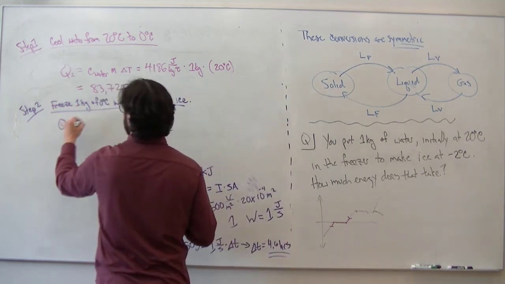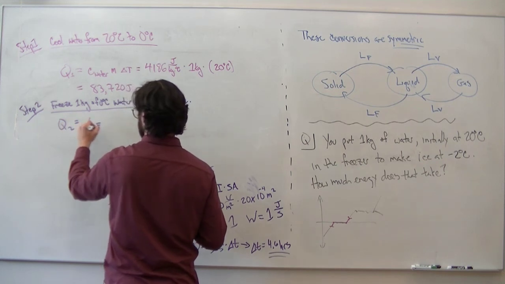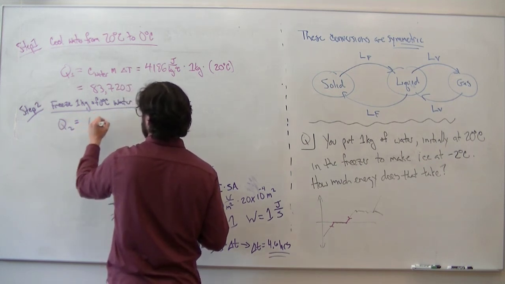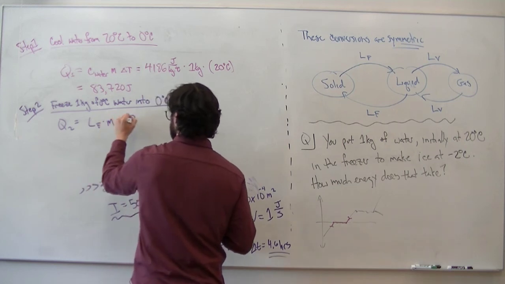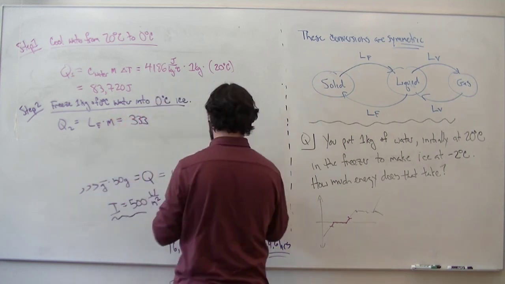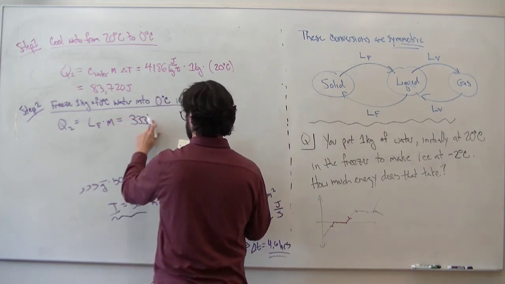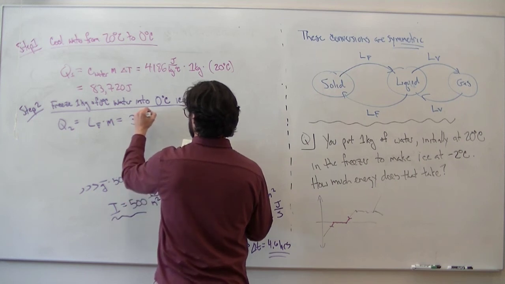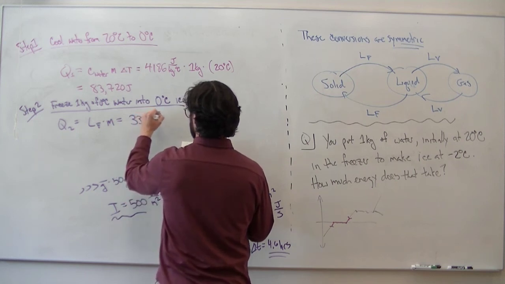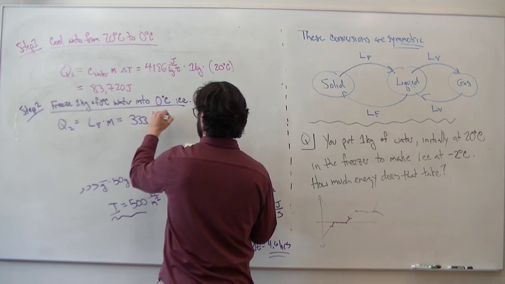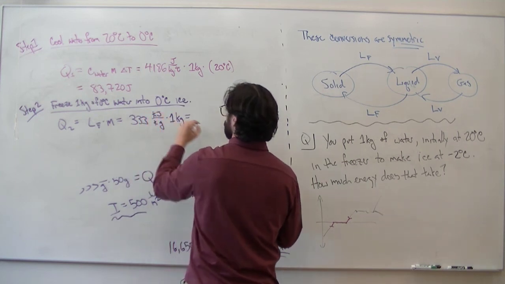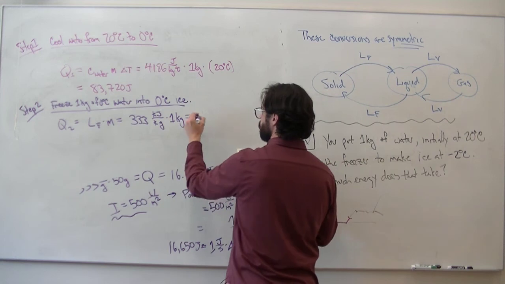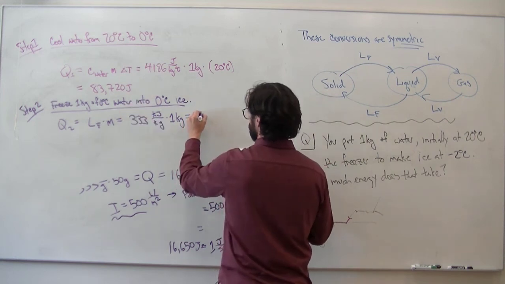So that's Q2, and that's latent heat of fusion. We're actually really fusing it in this case, times M. And so that's 333 kilojoules per kilogram times 1 kilogram. So that's 333 kilojoules. We wrote that as joules, so I'll write this as joules.